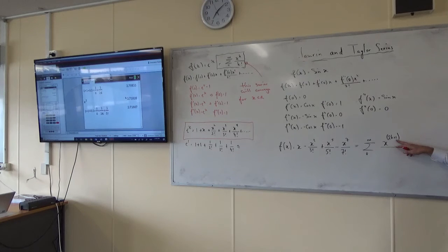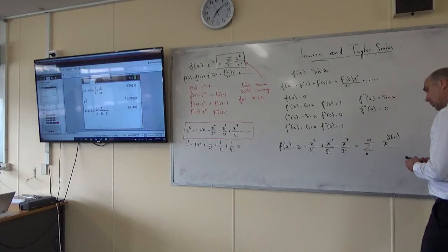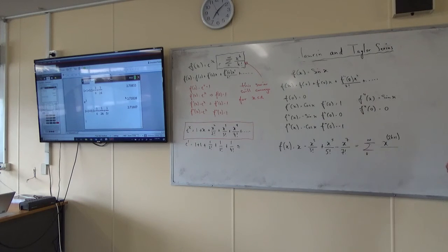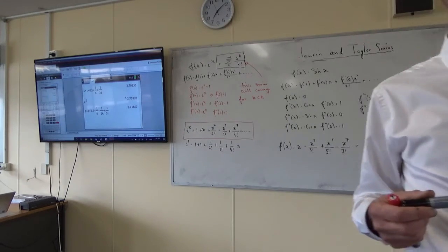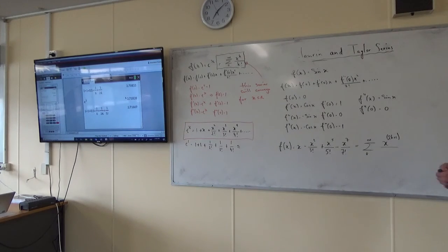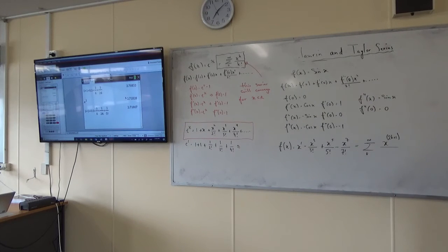Pardon? K plus 2. No, because if k was equal to 2, then it'll be 4. 2k? Yeah, but how do I get this one here then? Isn't that the first term starts from 0, right?